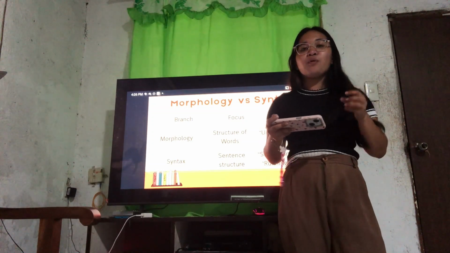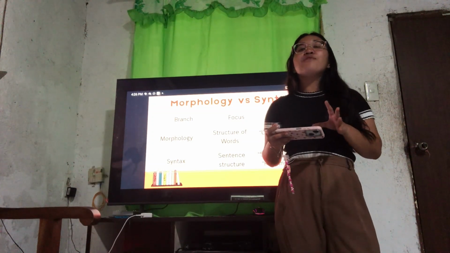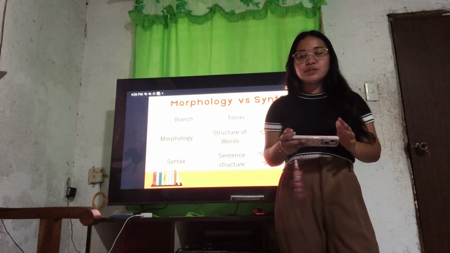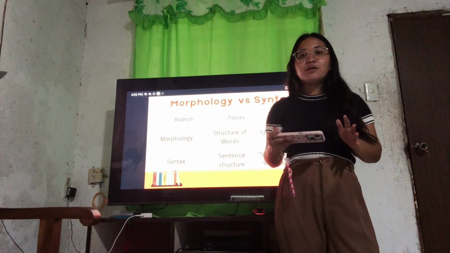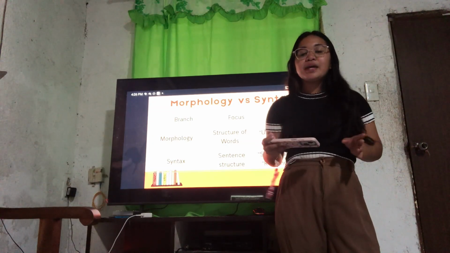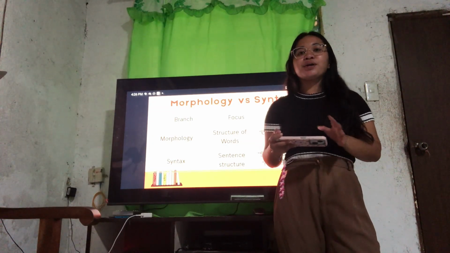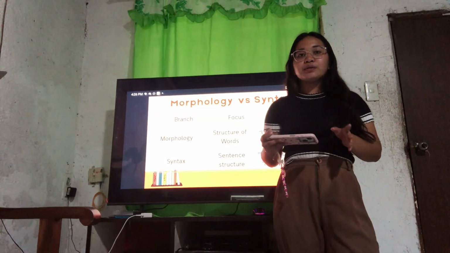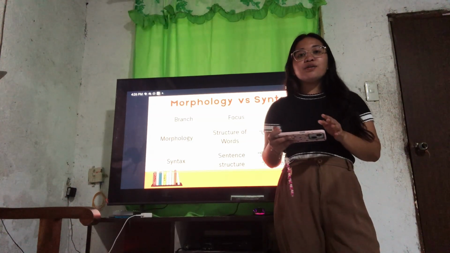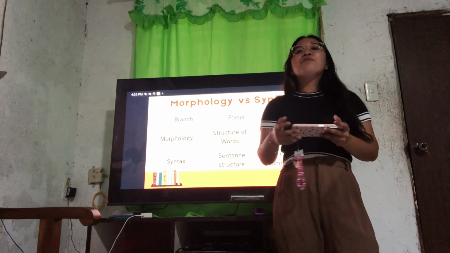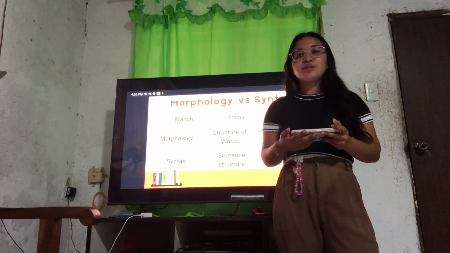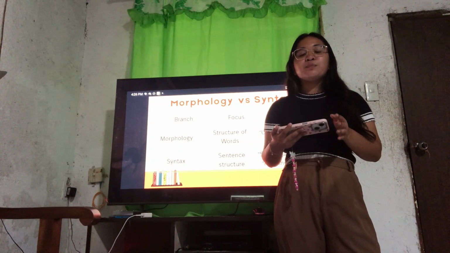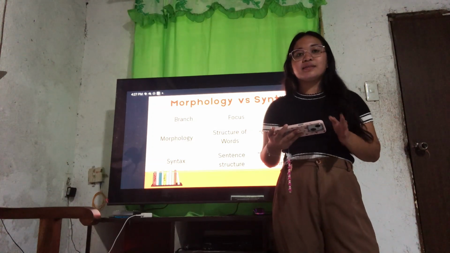Morphology studies how words are built. Think of words like a puzzle, made of morphemes, the smallest units of meaning. In "unhappiness," there are "un," negation, "happy," the root, and "ness," state or condition. Morphology helps us understand word creation and grammar rules like pluralization and tense.